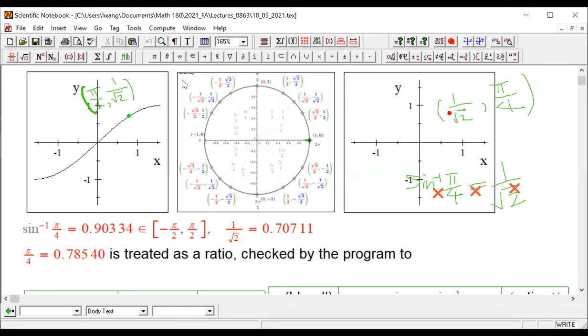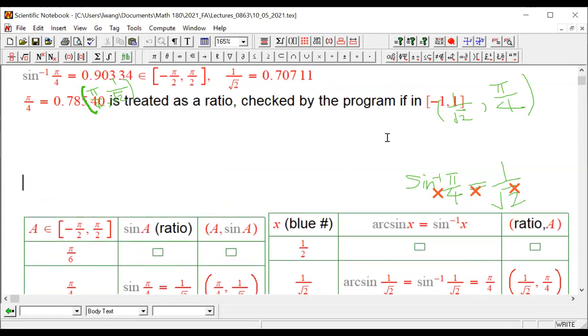To see if this ratio is in the domain between -1 and +1. So that's how this program works. The sine inverse function, the implementation of that program, I can write a flow chart of this program for you, right?